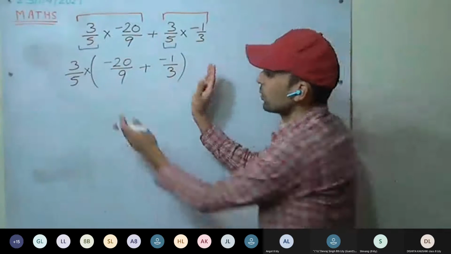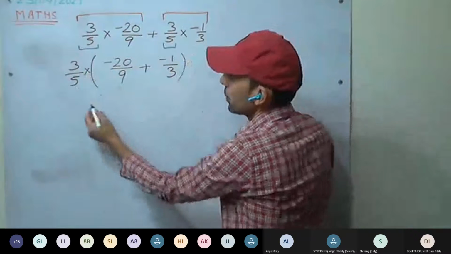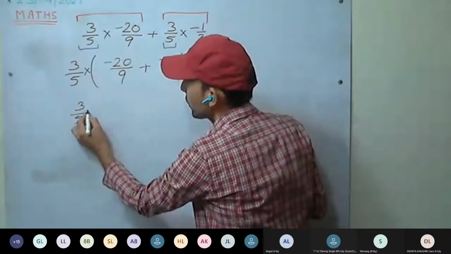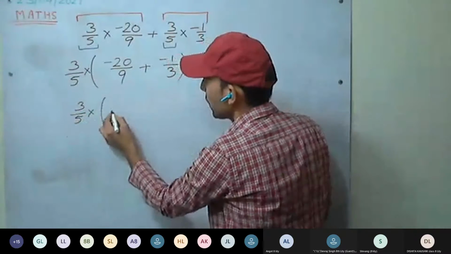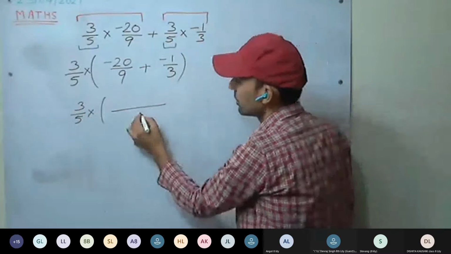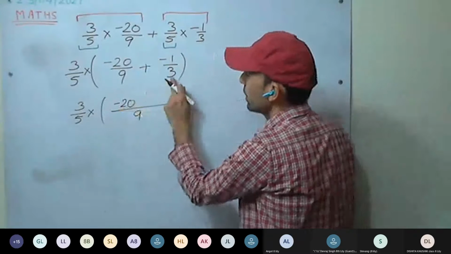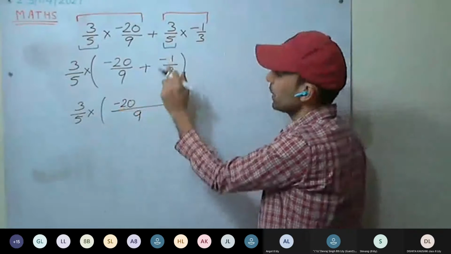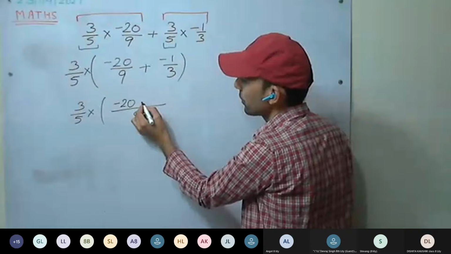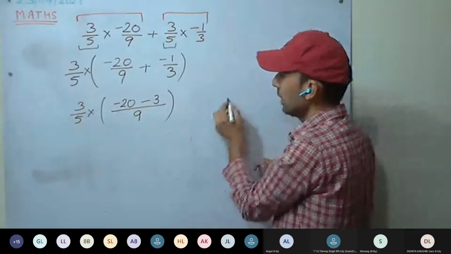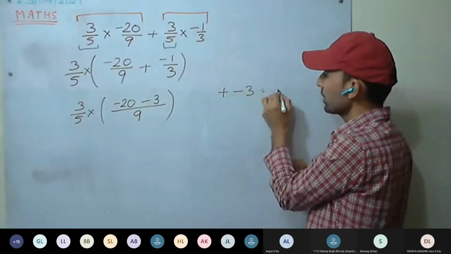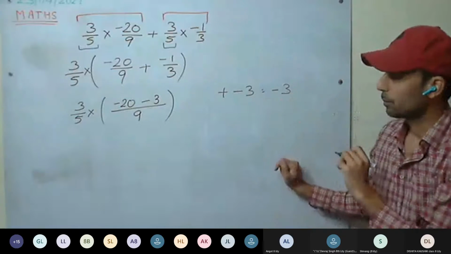Now we will be solving the bracket first. 3 upon 5 into what will be the LCM? 9 minus 20. 3 is a 9. So it will be plus minus 3. We can write minus 3 plus minus 3. It is minus 3.